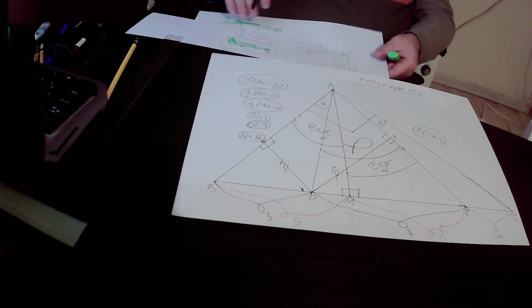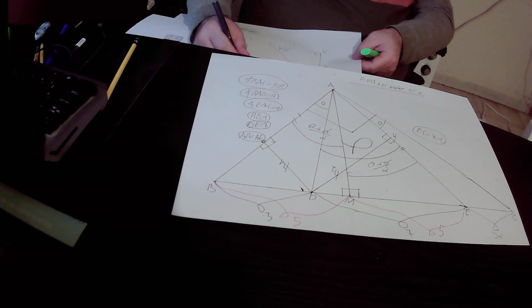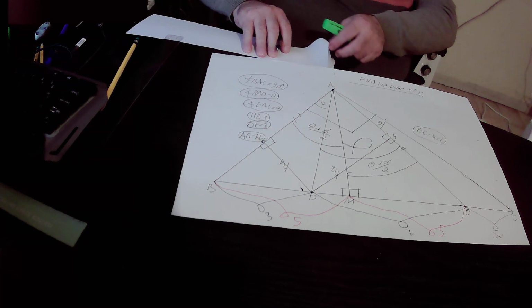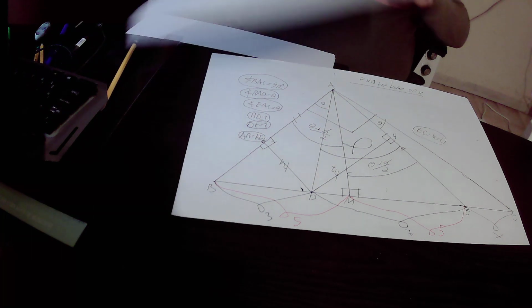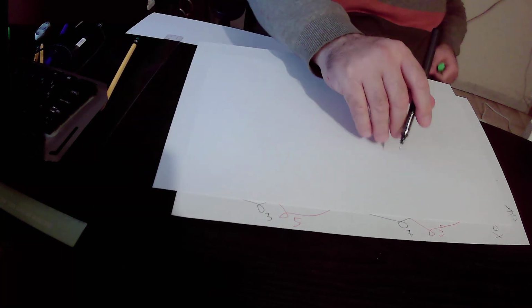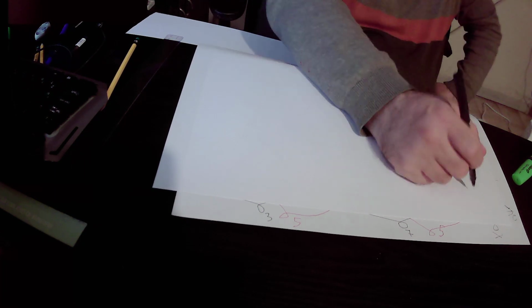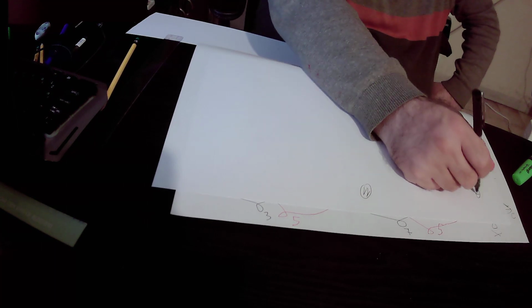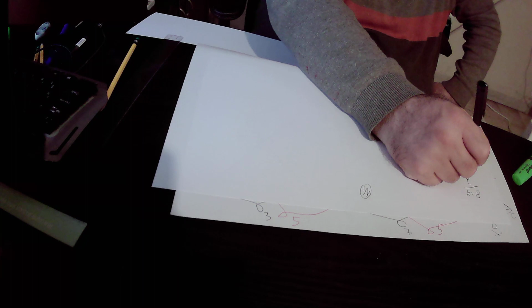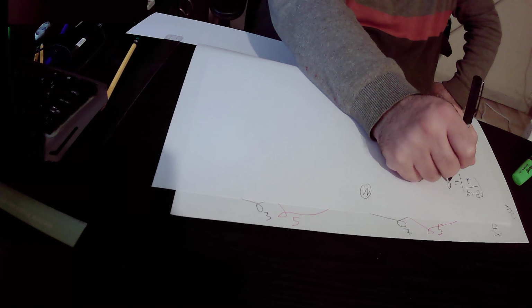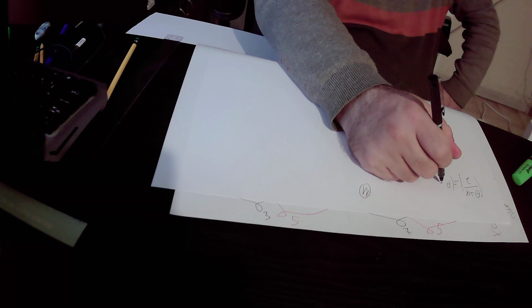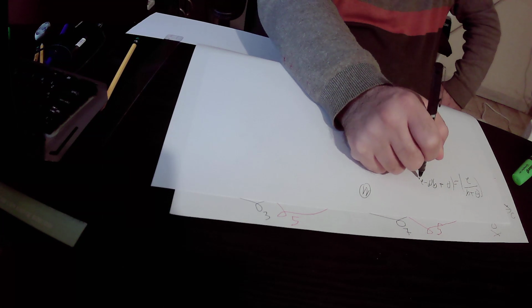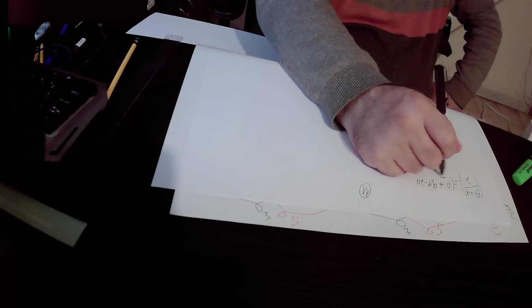So the value of theta plus alpha over 2 will be equal to theta plus alpha, and alpha equals 90 degrees minus 2 theta, so we substitute alpha by 90 degrees minus 2 theta over 2.